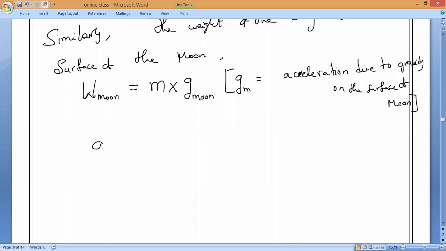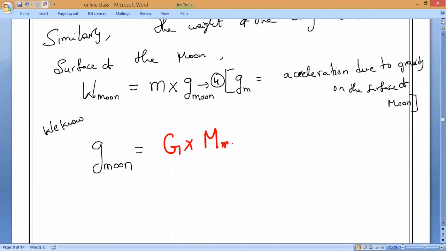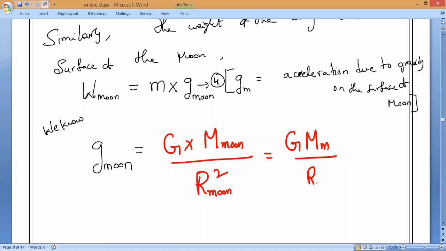Capital G into mass of moon divided by square of radius of moon. Is it right? So I will take it as G MM divided by RM square. Let me take that as equation number 5.